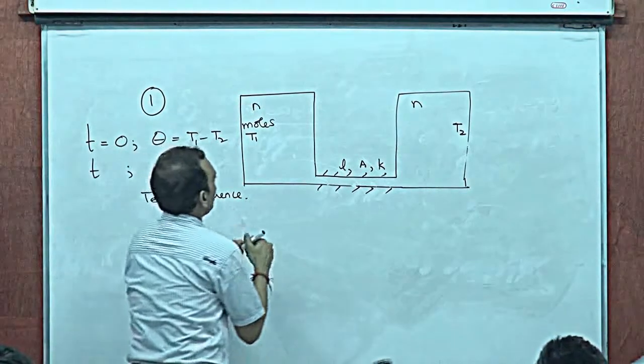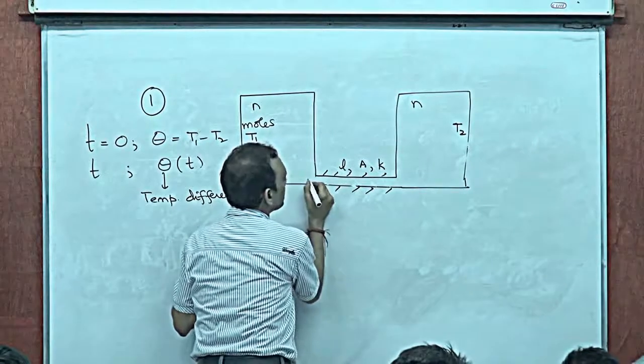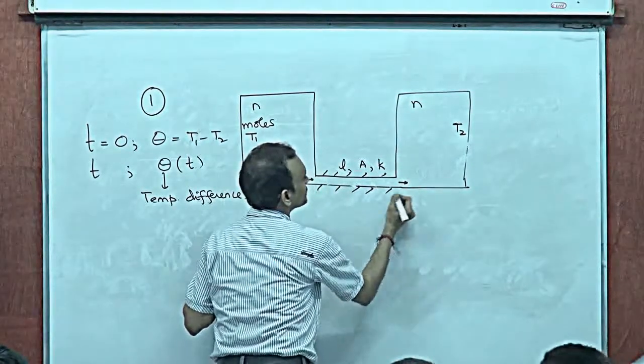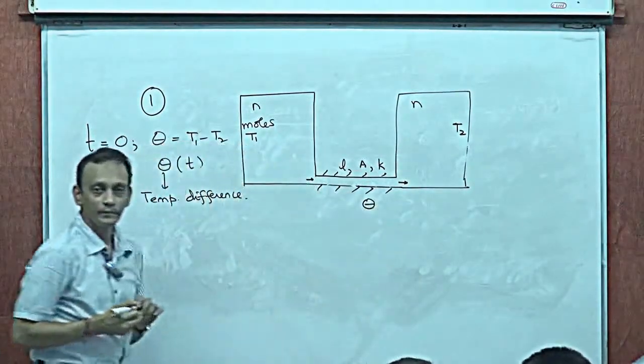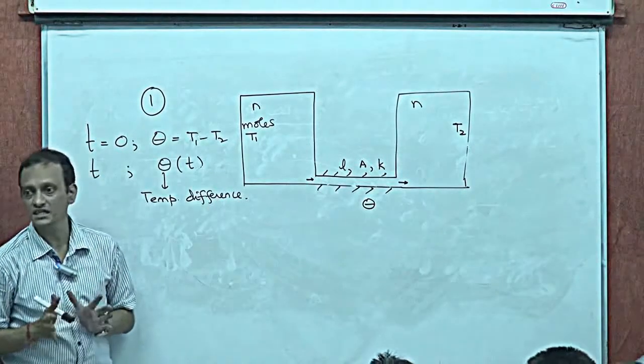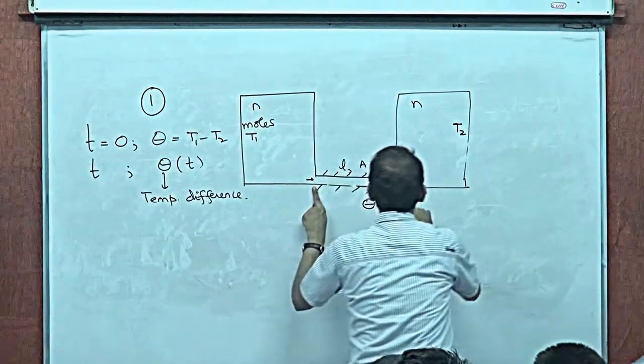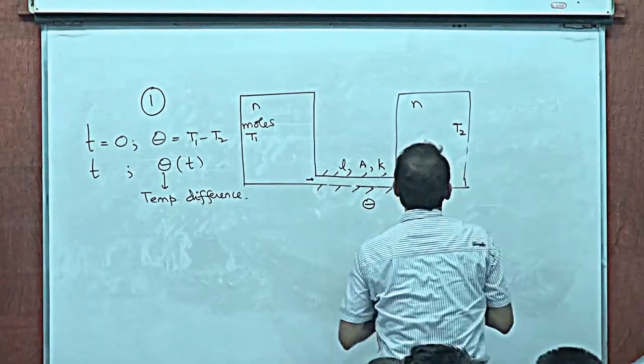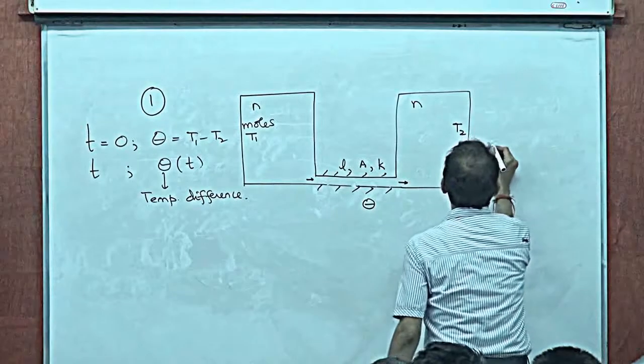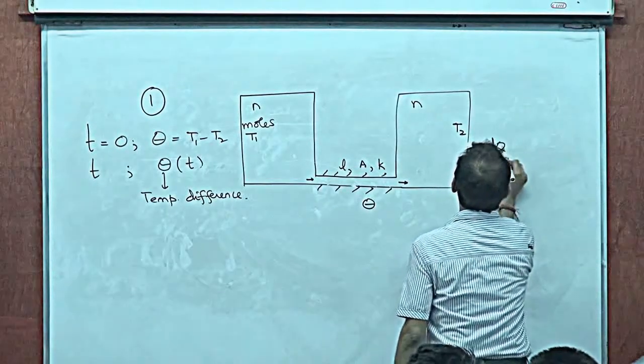Now, say at a certain instant of time, the temperature difference across the ends of this is theta. Theta means this temperature minus this temperature. Then, what would be dQ/dt at this instant?